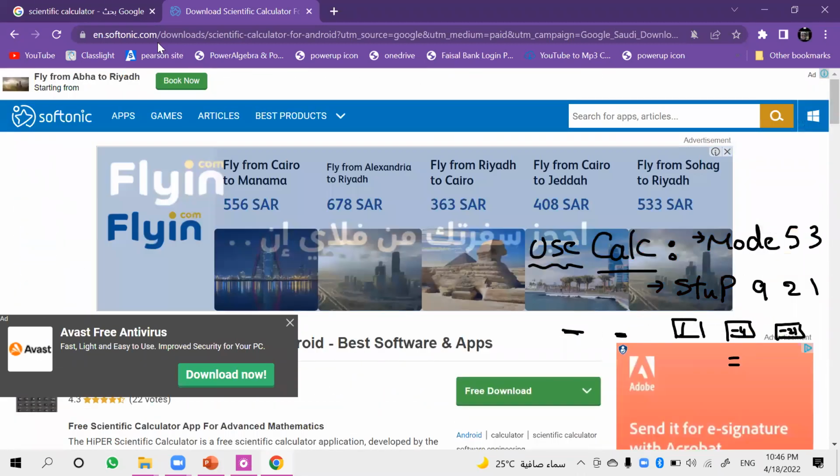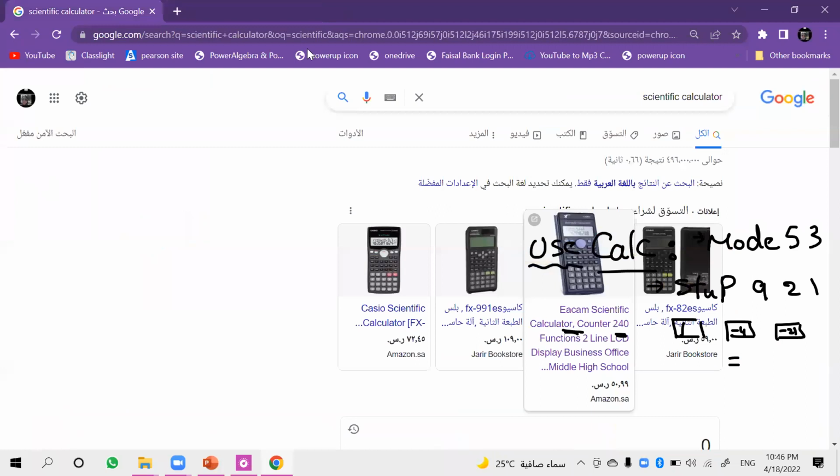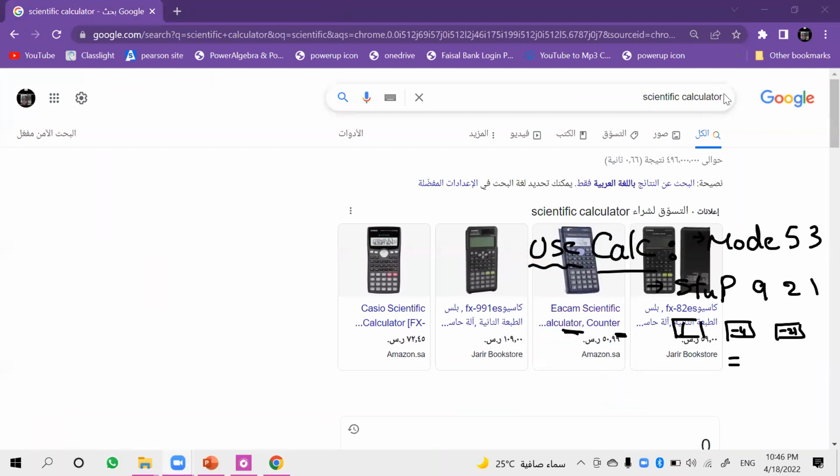It is a Casio scientific calculator, Casio 1. Here, scientific calculator.